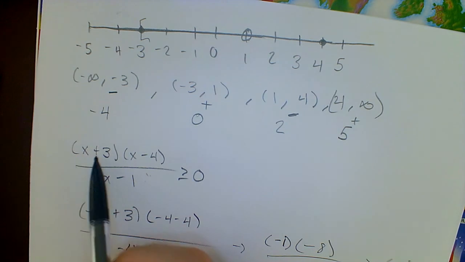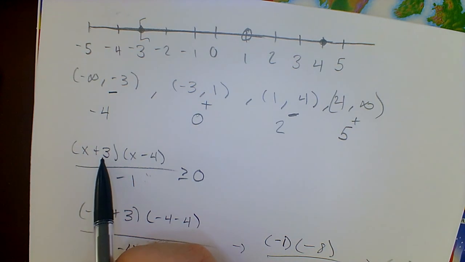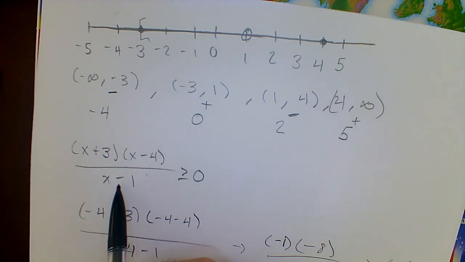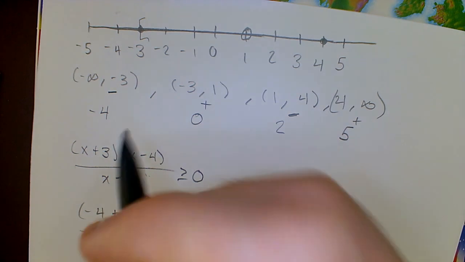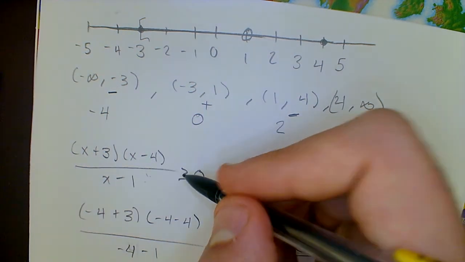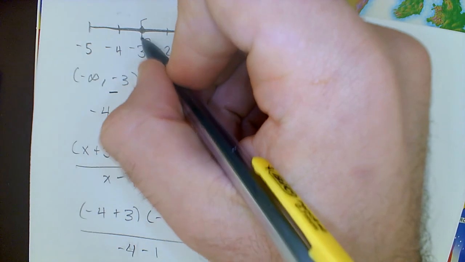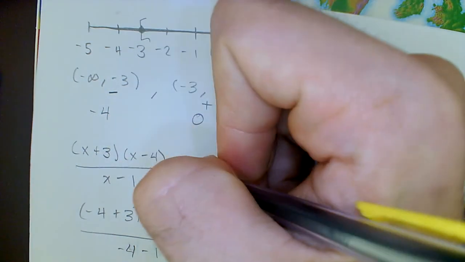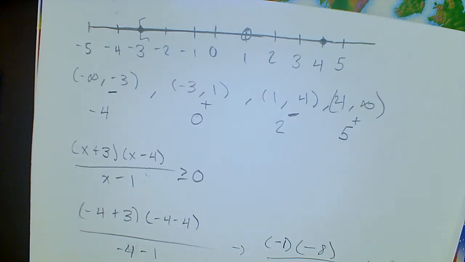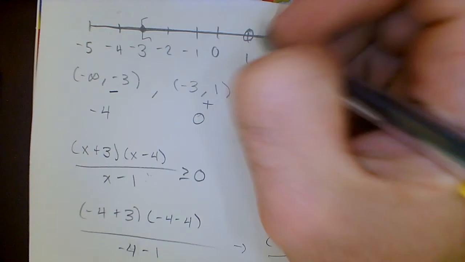So we're going to actually include 3, right? Because if we put 3 in here, it's negative 3 plus 3, which is 0. So this becomes a 0, and it's 0 divided by 2, I believe. So which is still 0, which is greater than or equal to 0. So if this were just a strictly greater sign, this would be a regular bracket here. But since it's greater than or equal to, we're going to include our 0 points.